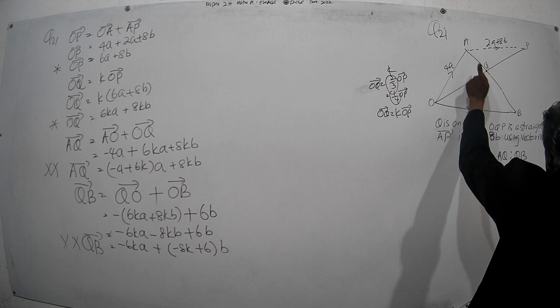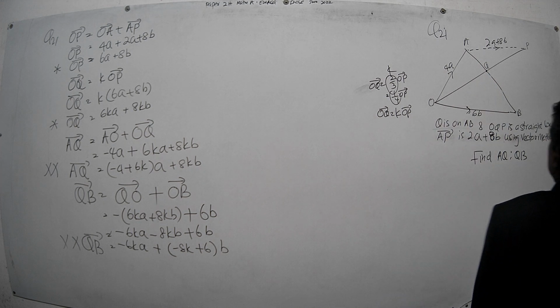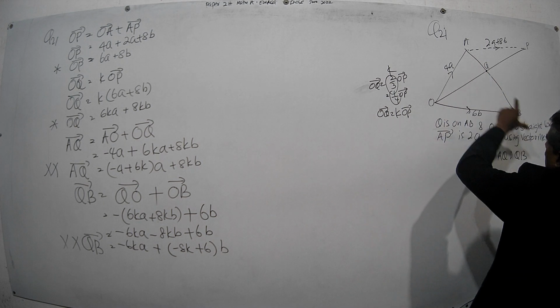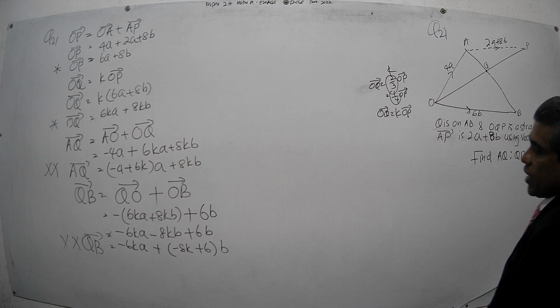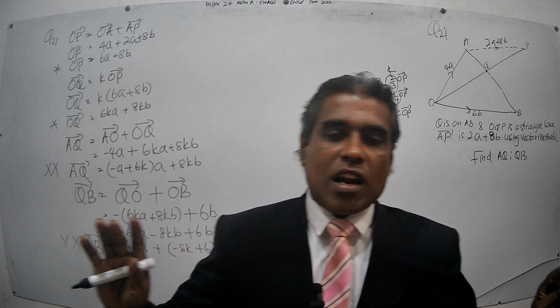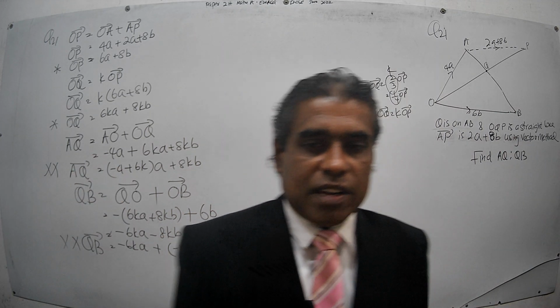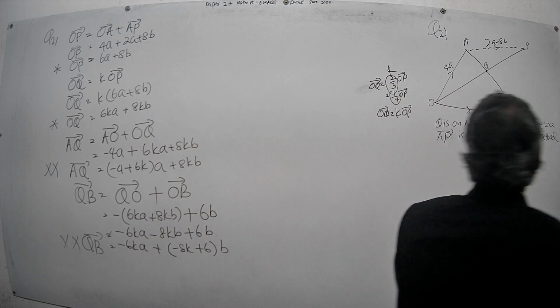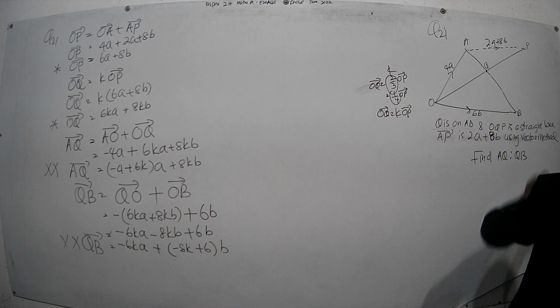Then AQ and QB are two parts of the same straight line, and those two parts are parallel vectors. If you take two parts, or three parts, or five parts from the same straight line, all those parts are parallel. That is the principle of vectors. So AQ vector is parallel to QB vector.